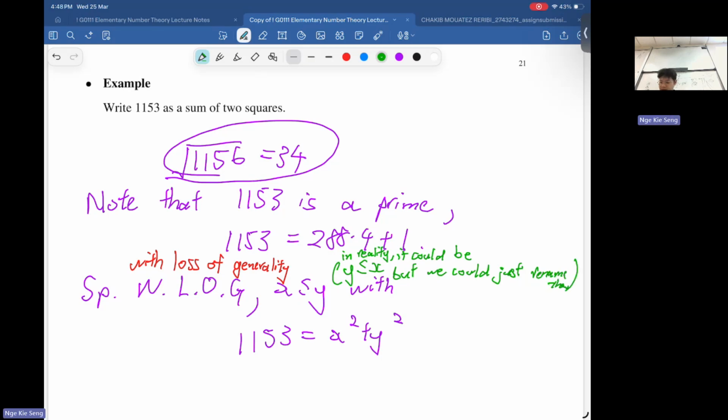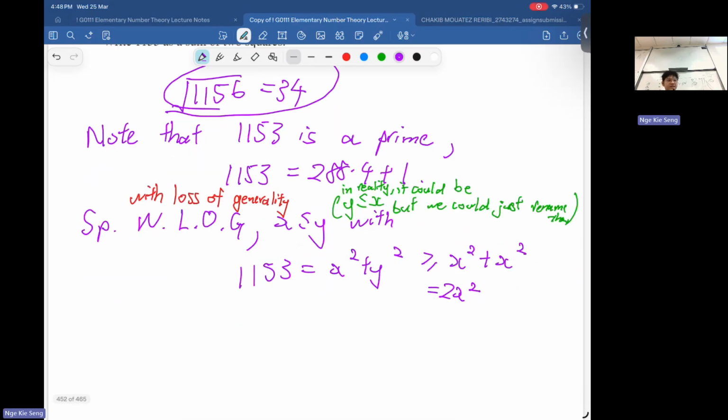So from here, if we assume that x is greater or equal to y, what does this mean? This means that x squared plus y squared should be greater or equal to x squared plus x squared, which is just 2x squared. So this gives a restriction on x already. Can you see that our x gets restricted to something less than or equal to 24?